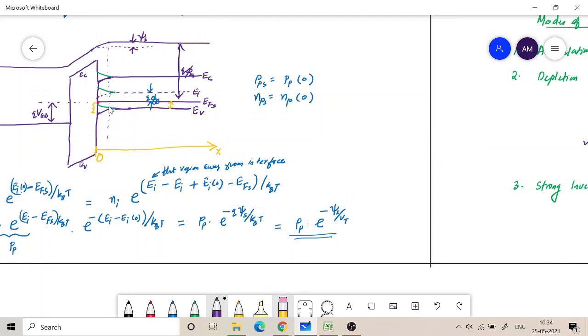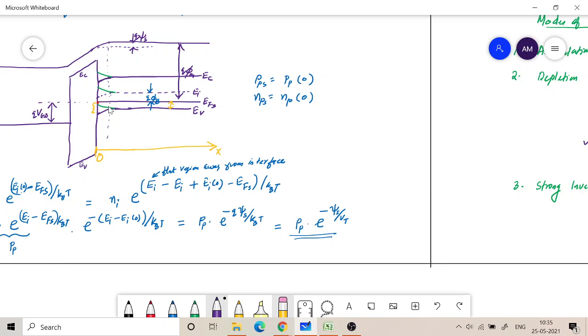We are considering the downward bending, these purple colored curves. If the bending is very small, you can see that the EI is still above EFS. EI becomes equal to EFS at the interface when the bending is phi S corresponding to phi B. Q phi B is the difference between EI and EFS in the bulk.